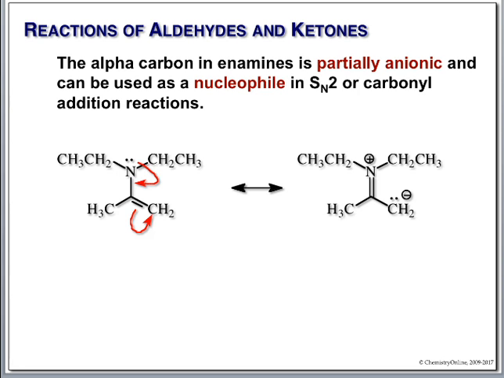Later on in the course, we will use this carbanion as a nucleophile. The enamine carbanion we can add to other carbonyl carbons and to a whole bunch of other stuff. Very, very powerful nucleophile. Nice way to convert a carbonyl into an alpha carbanion.